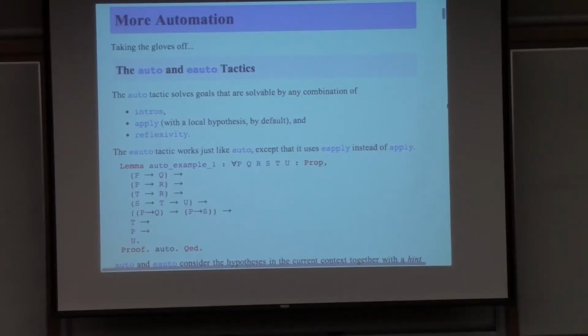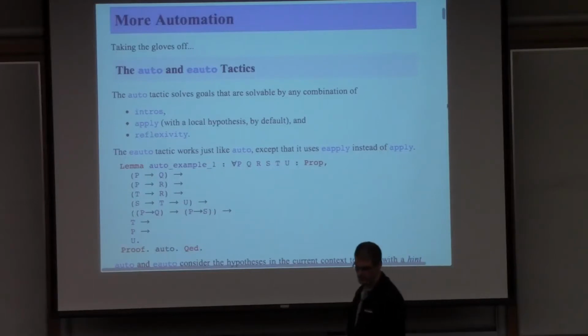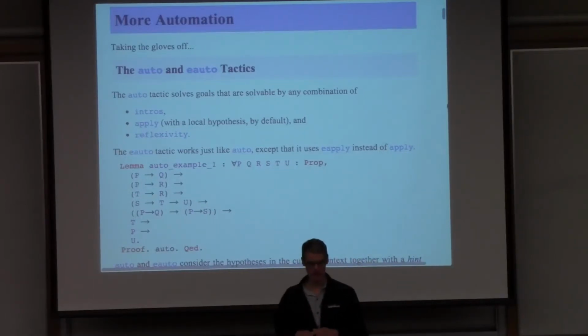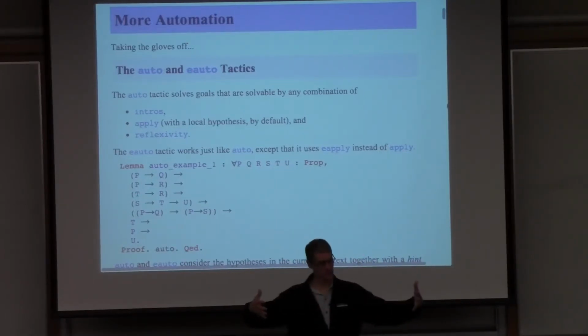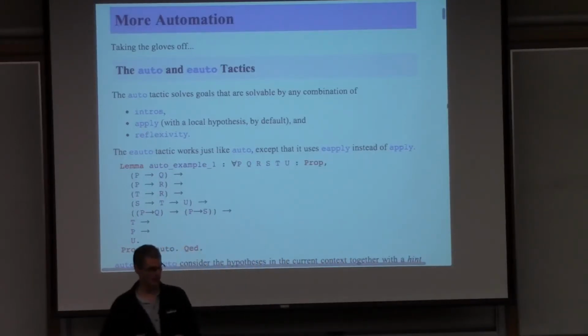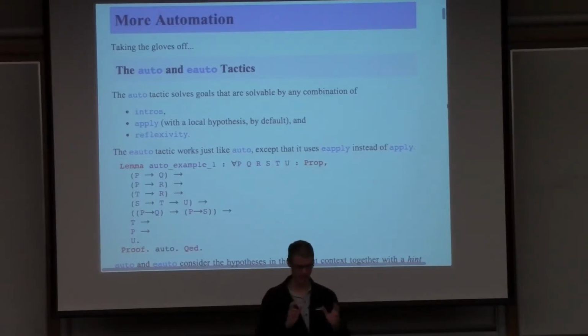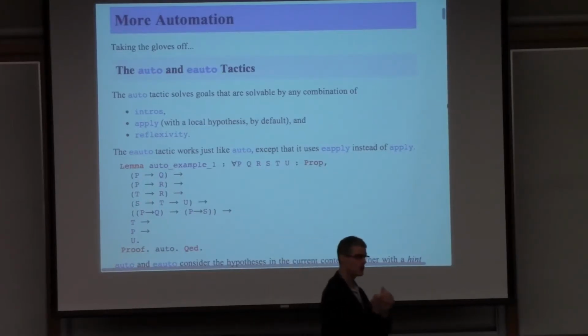The auto tactic is Coq's most fundamental tactic for doing proof search. And what it does is basically exhaustively explores all possible proof trees involving only the following tactics: intros, apply, and reflexivity. Even its use of apply is limited.